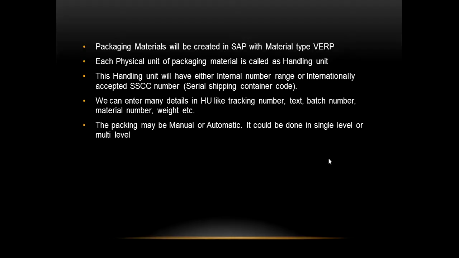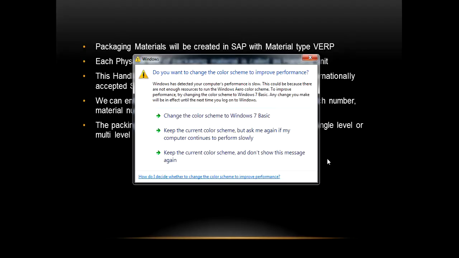So now, packaging materials will be created in SAP with material type VERP. Each physical unit of packaging material is called as handling unit. This means a packaging material containing all the finished products together is called handling unit, and a handling unit may have an internally generated number from the SAP configured number range, or we can configure serial shipping container code as well.